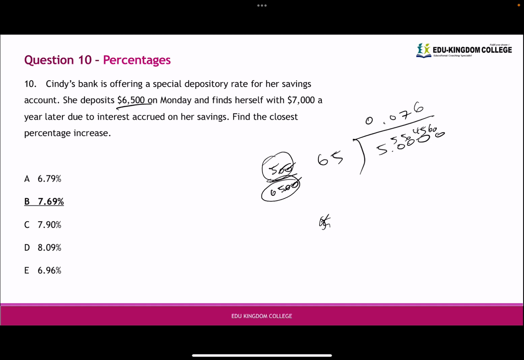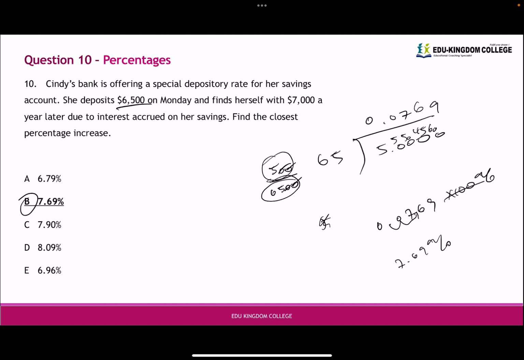You should get 600, which it goes into 9 times. So you get 0.0769 as your decimal, but you need to times it by 100 to get a percentage. So move the decimal point over and you get 7.69%.